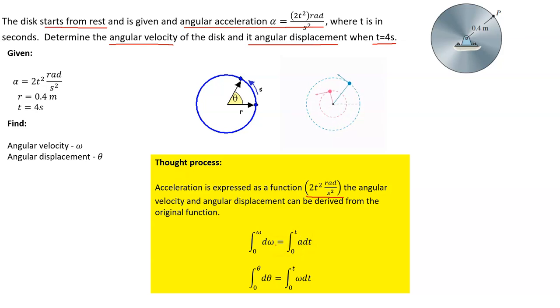Now, once we have this solved, we can start looking at the displacement from 0 to theta. So we know that's an unknown, but we will have a window of time again that we're looking at, 4 seconds.